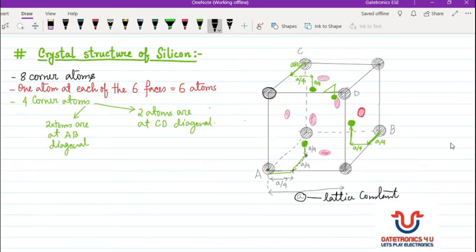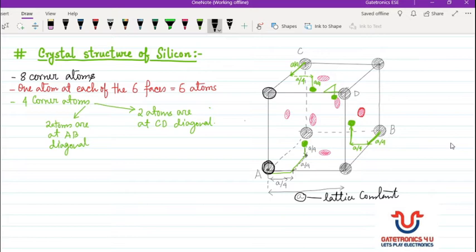Now if we look at the structure closely, then we can see that each atom is bonded to the four neighboring atoms. Let us take this atom. This atom has one atom here, another atom here, another atom here, and another atom here.